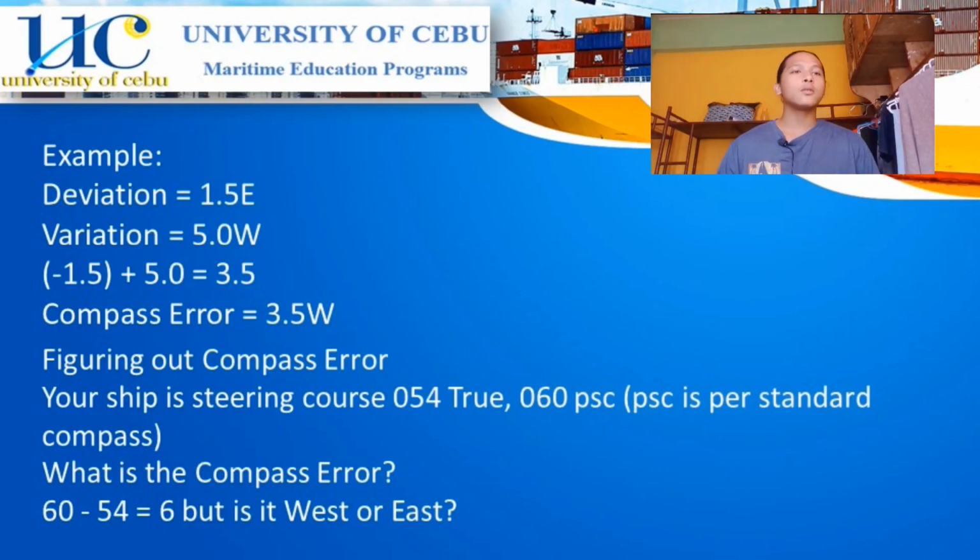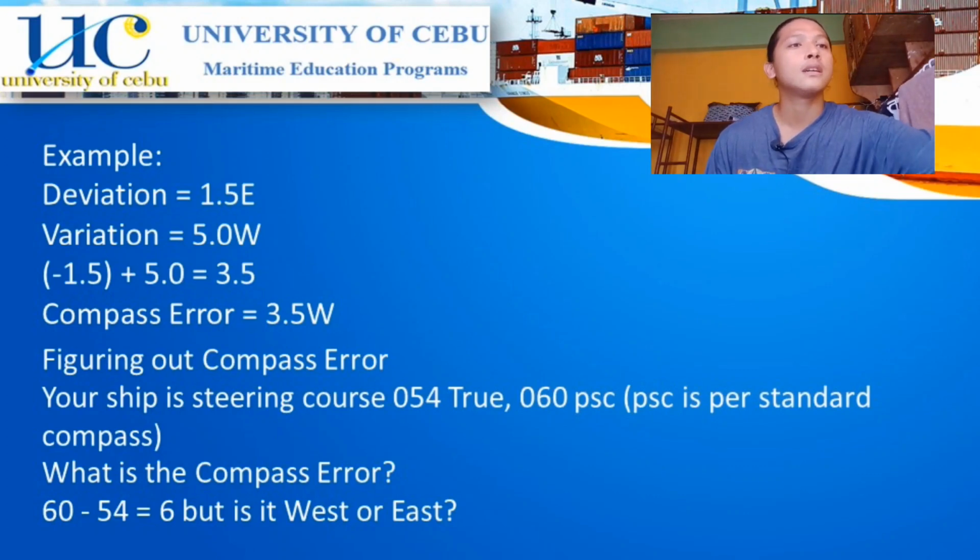Now, figuring out the compass error: your ship is steering course 054 and 060 PSC. The PSC is for standard compass. So what is the compass error? 60 minus 54 is equal to 6, but is it west or east?